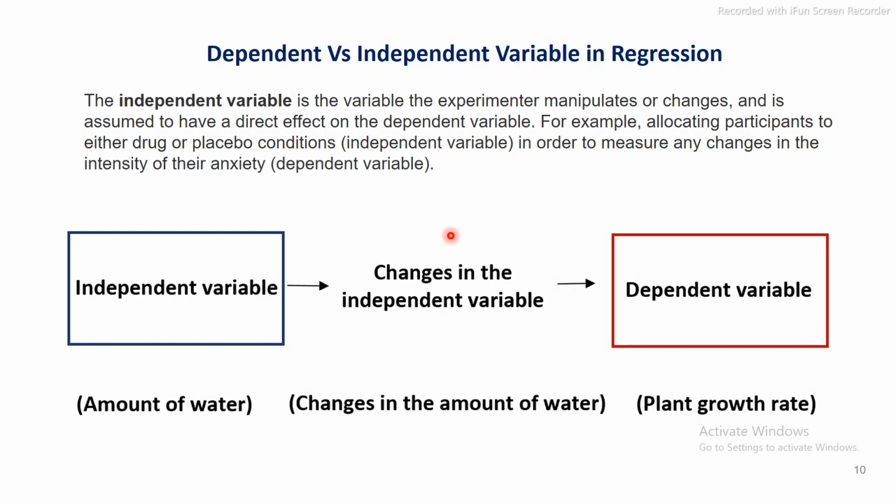For example, the amount of water you are giving to a plant, and the growth of the plant. The growth depends on how much you are watering the plant. So you have to understand independent and dependent variables before you formulate any regression analysis. Whenever you formulate any regression-related ML algorithm, you have to find out what is the dependent and what is the independent variable.